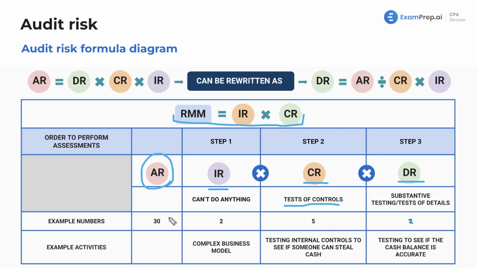So the audit risk would be 0. Similarly, if the client's internal controls were spot on, not a single item could get through the internal controls, that would be 0. 2 times 3 is 6. Then we would multiply it by 0, because this is 0 now, and we would see that it's 0. Again, that's just a conceptual idea here.